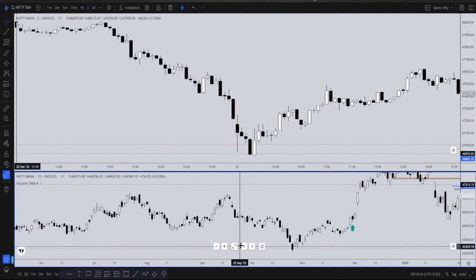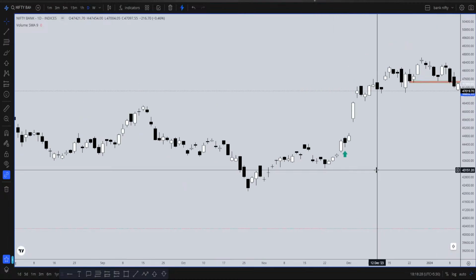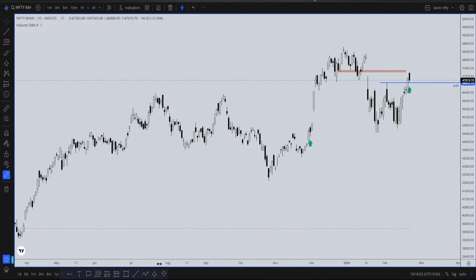And let's just keep this first, and we'll visit it on the 5 minutes time frame later on once we have marked everything. So this is one, this is also trying to change how it's behaving, but it really hasn't broken out.